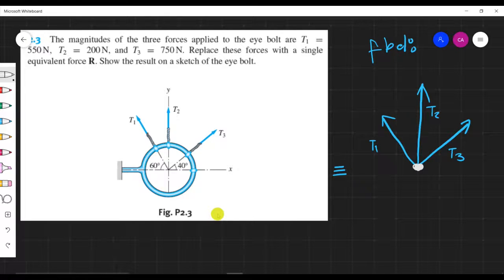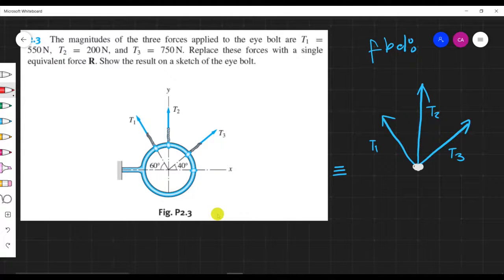Nireduce mo na lang siya as just vectors and forces at a single point. Okay? Ang tanong is, yun yung imagination natin, no? Imagine natin na yung T1, T2, T3 is i-slide natin doon sa intersection point nila, which is nandun sa gitna ng eye bolt. Okay? I-slide natin siya papaloob. Tapos, pwede natin siyang gawin na free body diagram katulad ng nakikita natin sa kanang bahagi ng ating screen.